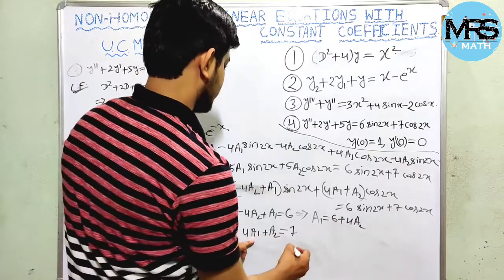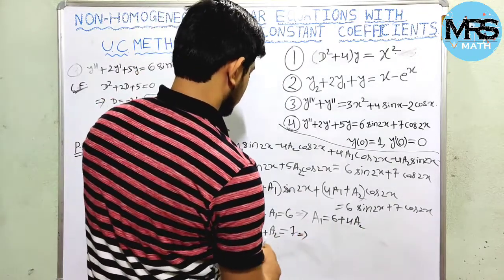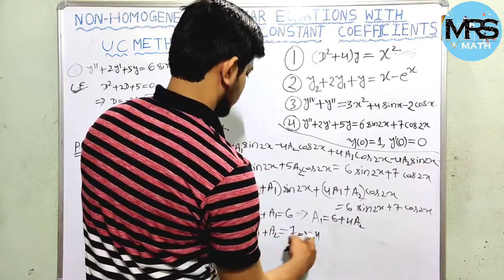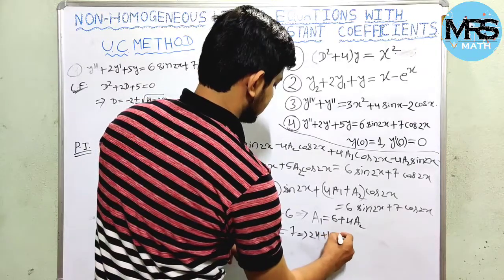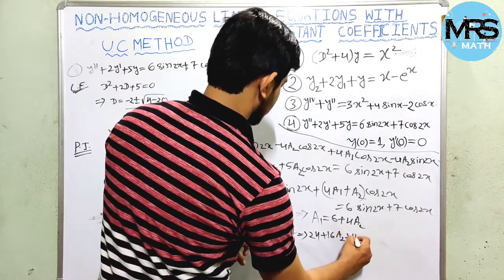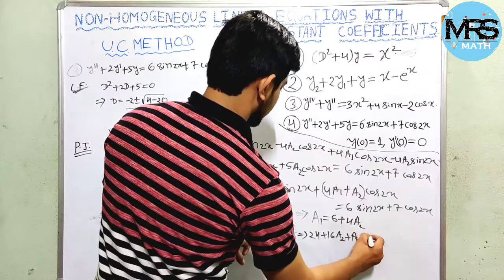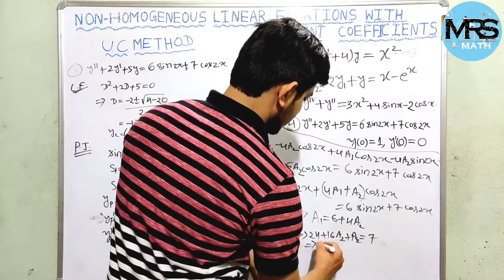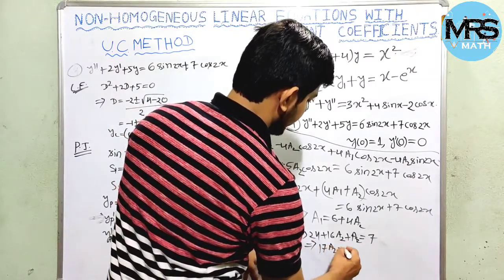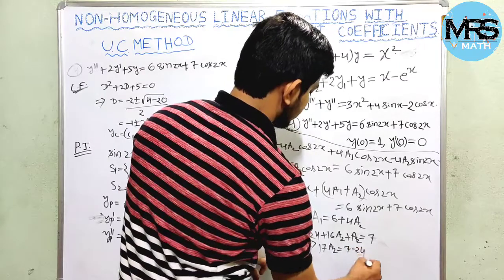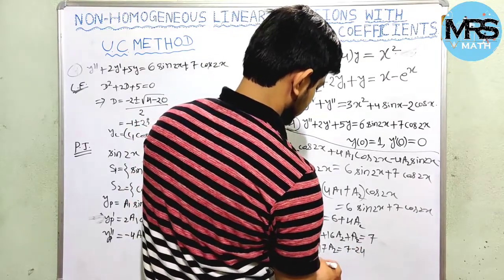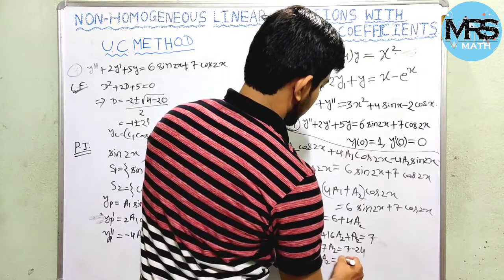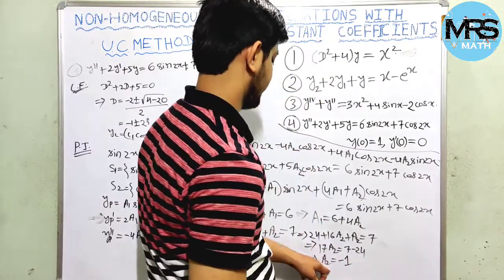So we can replace here in place of a1, that is 4 into 6 is 24 plus 16a2 plus a2 will be equal to 7, okay. So this is 17a2 equal to 7 minus 24, right? So a2 will be equal to minus 1, okay.